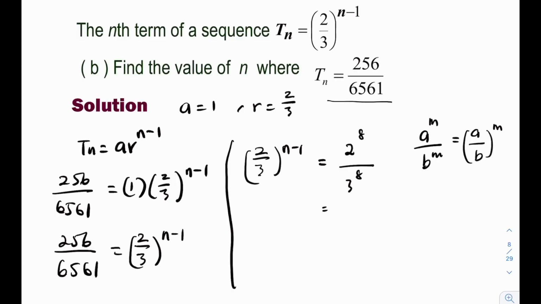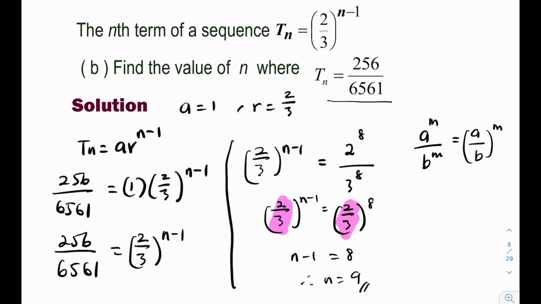So apply that, and you will get (2/3) to the power of 8. On the left side is (2/3) to the power of n minus 1. Since our base is the same, which is 2 over 3, by comparing, n minus 1 equals 8, therefore, n equals 9.